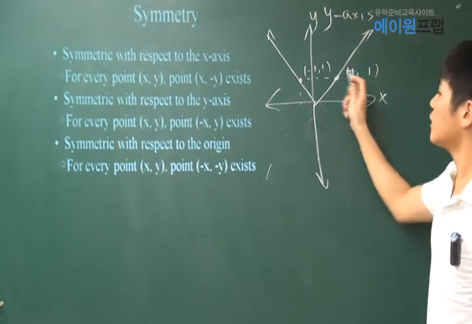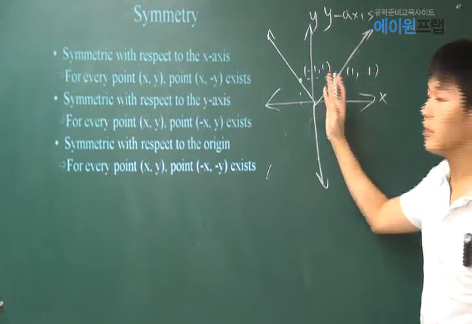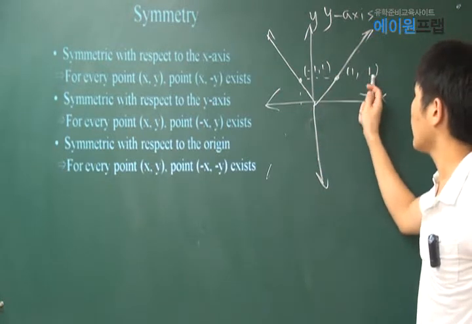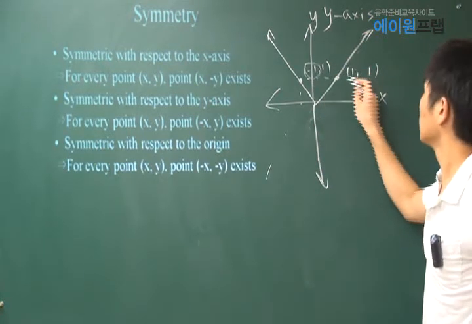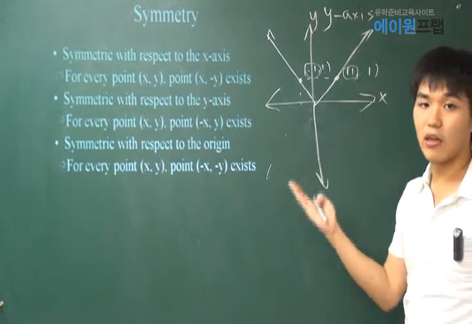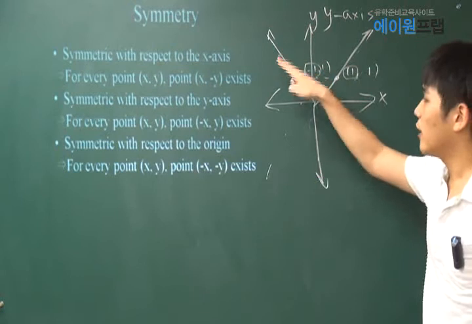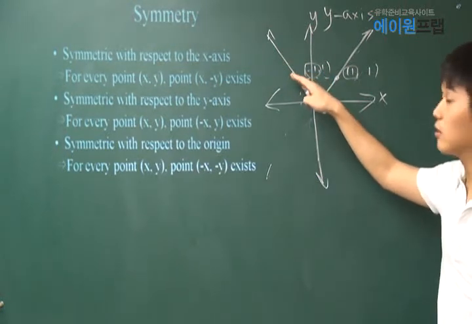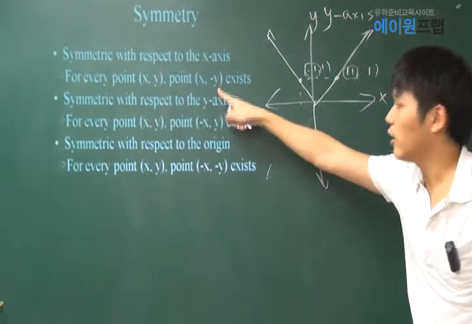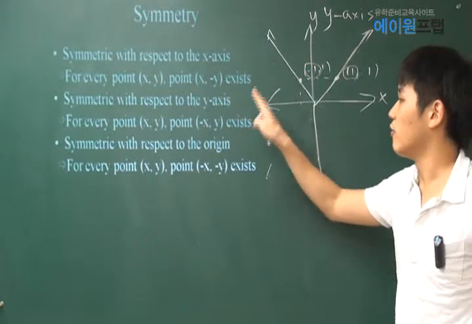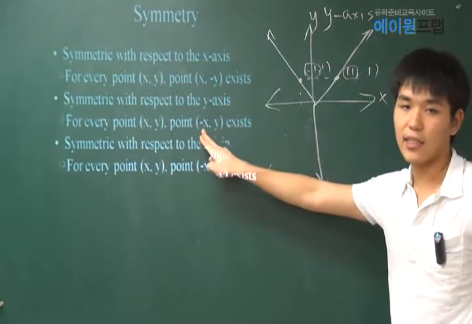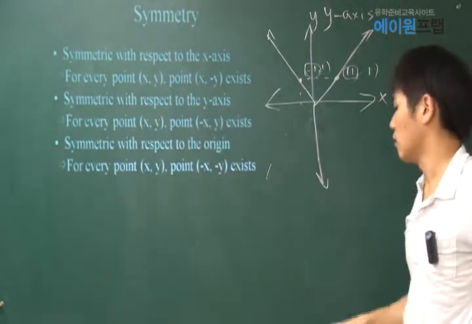Now this time, if it's reflected on the y-axis, the y-coordinate stays the same, while the x-coordinate changes its sign of positive and negative. So remember that, guys. When it's reflected with respect to the x-axis, the y-coordinate changes sign, while if we reflect it on the y-axis, the x-coordinate changes its sign.